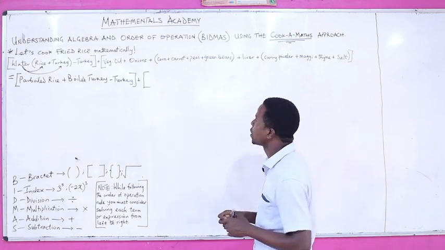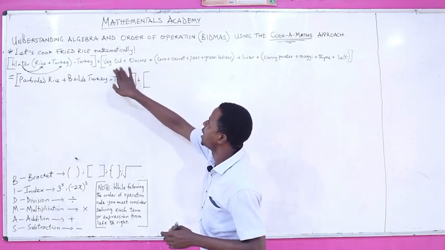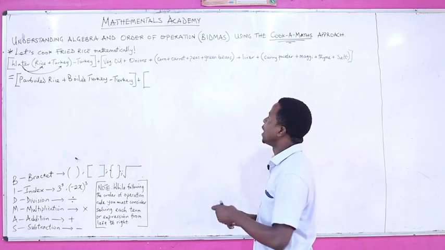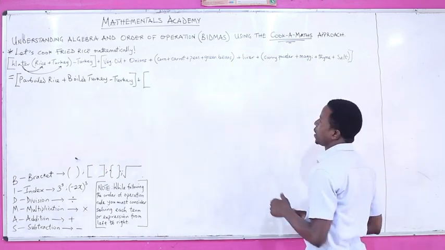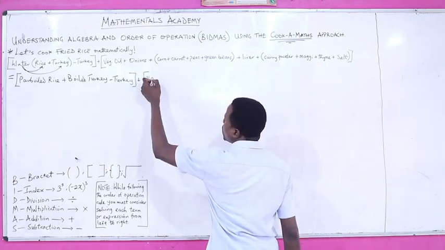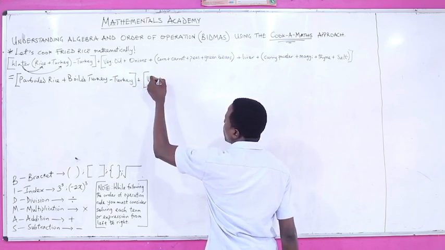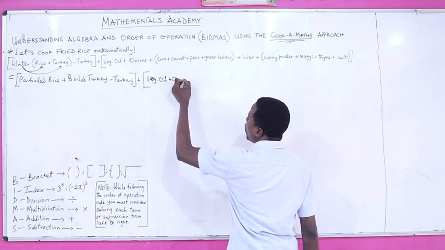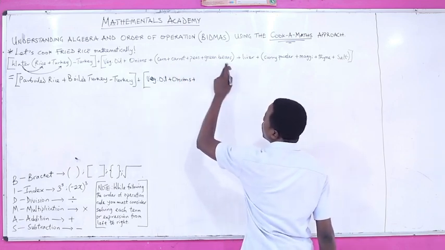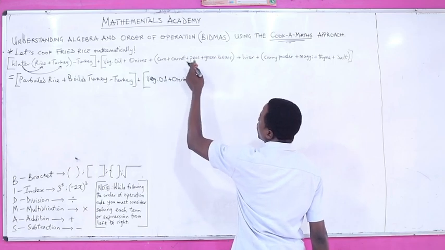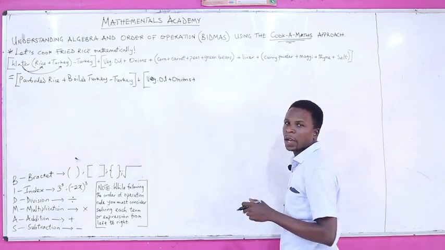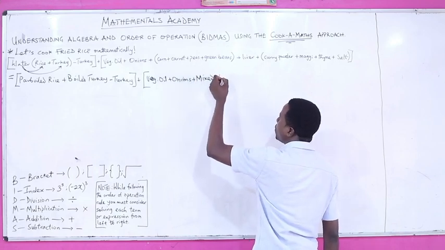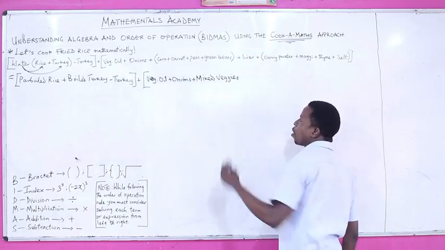So for us to do this, we have to understand that at this point, I don't need to put my oil and my onions on fire. So all I need to do is work with my brackets first. So my vegetable oil will still remain there. So I have my vegetable oil, right? Then plus onions. So here I have what? Corn, carrot, peas, and green beans. These are like terms. And what is it? When I add them together, I have what I call mixed veggies, or what we call vegetables.